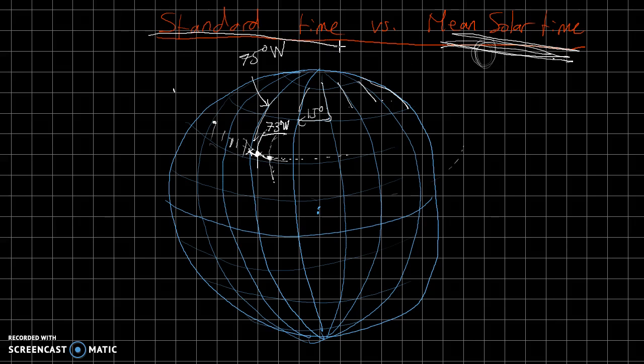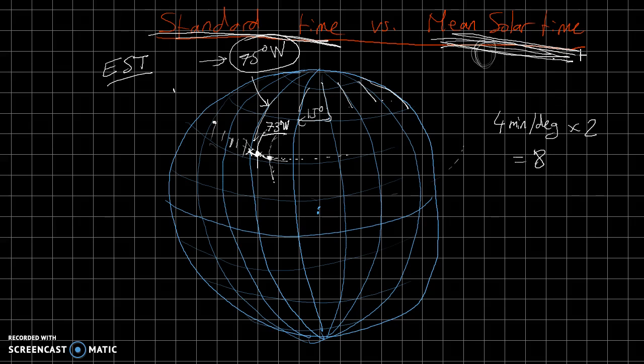So this is what we call the standard time, the time that we currently use based on the 75 degree west meridian, which we call the Eastern Standard Time in Montreal. Then there is a discrepancy of 2 degrees. The discrepancy is 4 minutes per degree times 2 degrees, so that's 8 minutes.